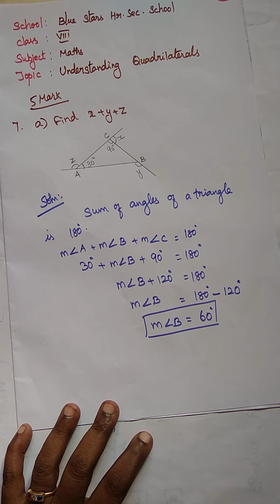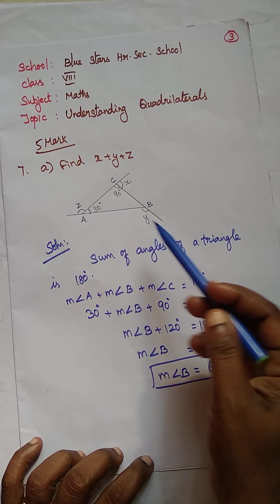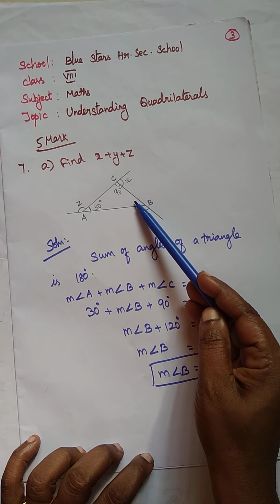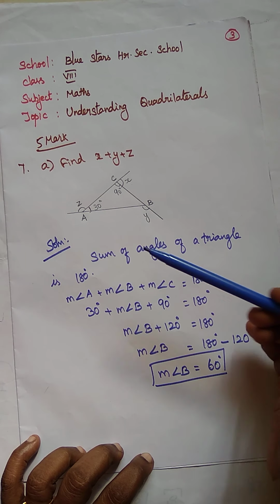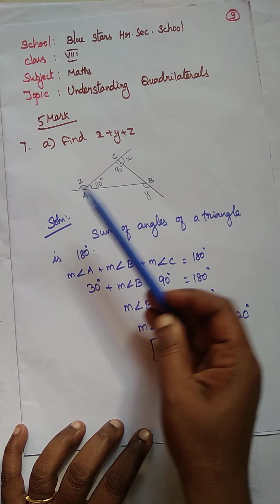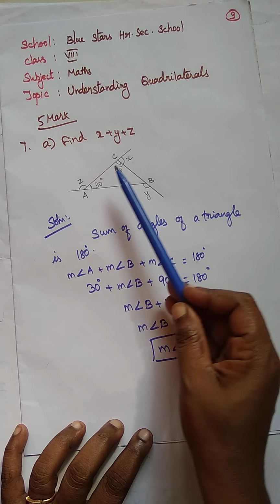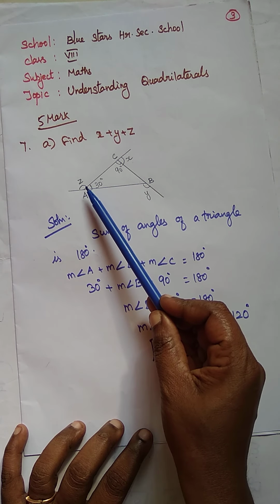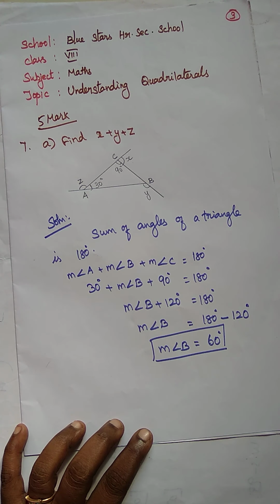Now we find the angles x, y, and z. The interior angle we have found is 60 degrees. In the next step, we find the angles x, y, z. So how can we find x, y, and z? We all know the linear pair. What is a linear pair?